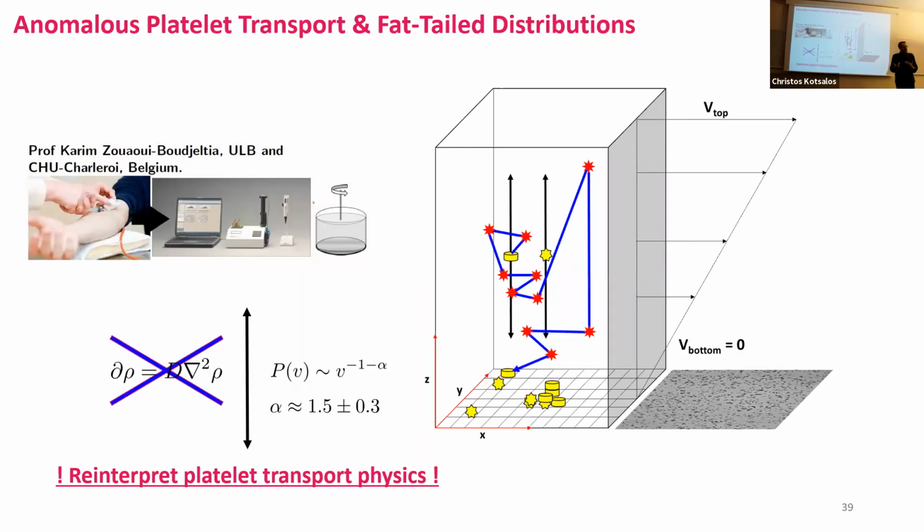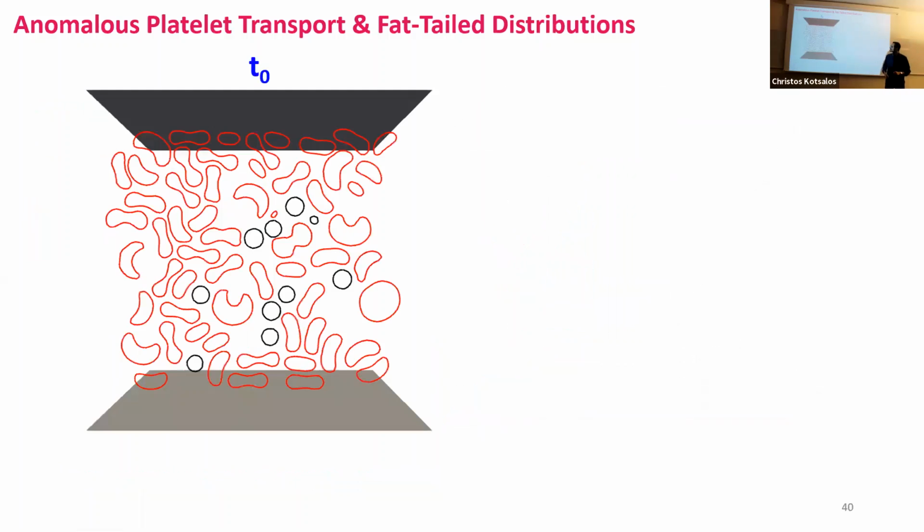Essentially, we are reinterpreting the platelet transport physics. And by simply using this random walk instead of the diffusion process, we could now match the experiments from the actual IMPACT-R device, without tuning, for example, the diffusion coefficients, which would be 1,000 times more than what we were finding. And now this is actually my last slide.